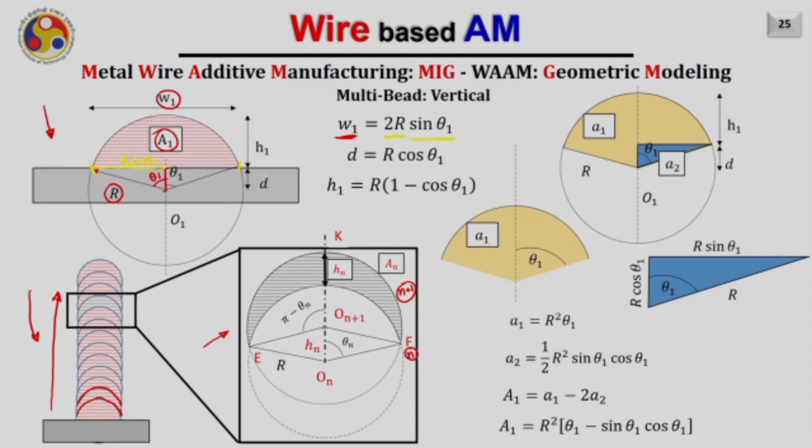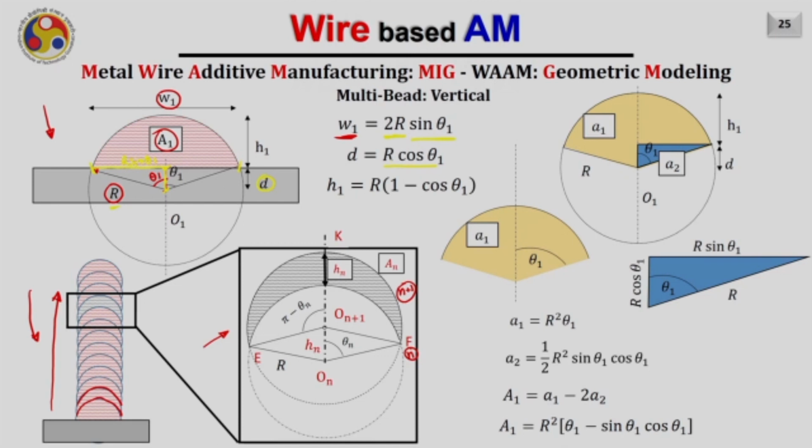In a similar fashion, this distance D, which is the perpendicular distance from the chord to the center, can be given as R cos theta 1, which is the projection of this length R on the vertical plane.